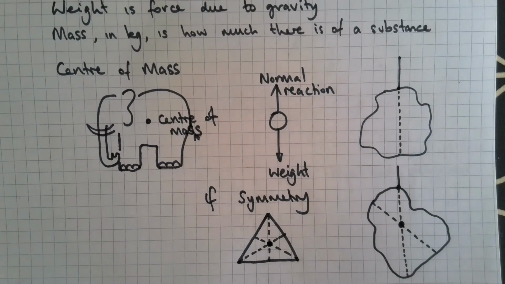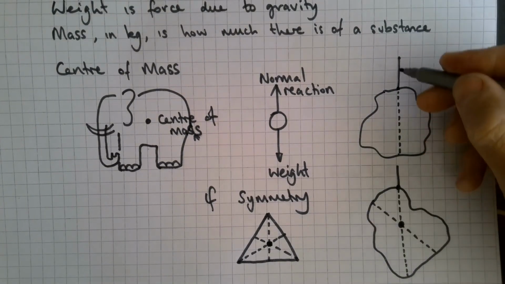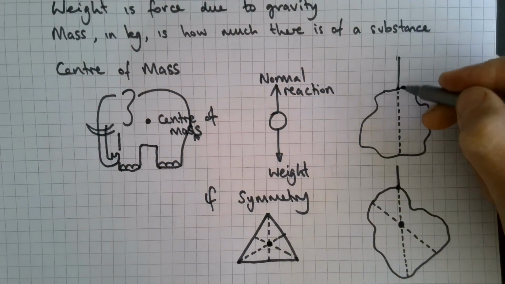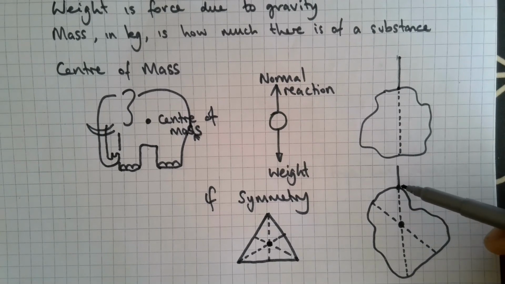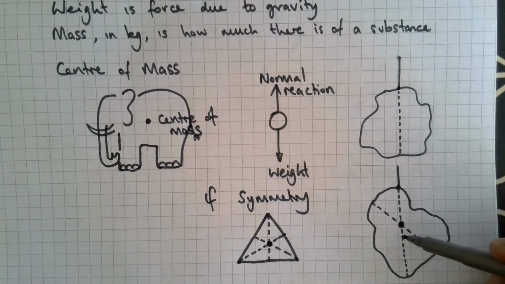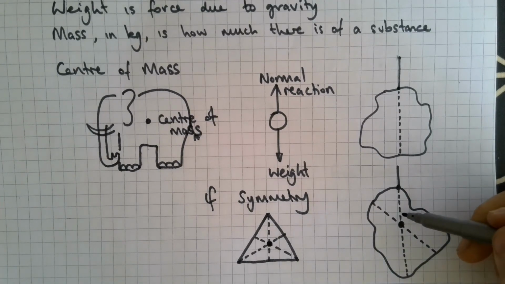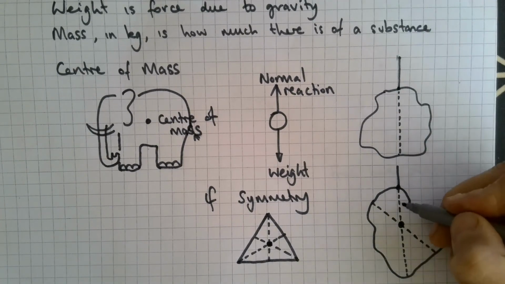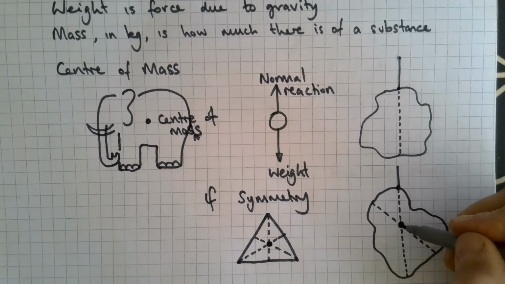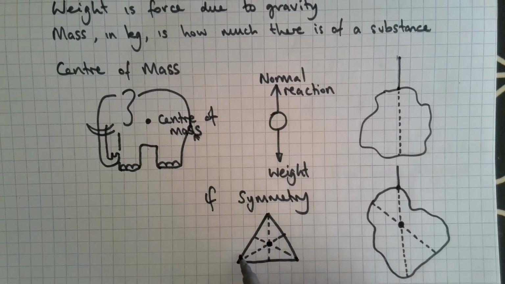It's where the weight of the object would go straight down following the line that you were suspending it by. Repeat the procedure, so hang it somewhere else and do it again, and then you'll see again that the weight, which is the force, remember, will act on that line. So the crossing point is the centre of mass. If you've got symmetry, then you can find where the centre of mass is by using that. So you just draw the lines where there is symmetry, and where it crosses, you've found the centre of mass.